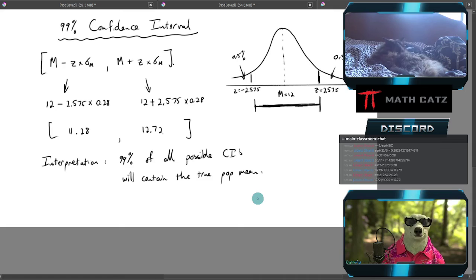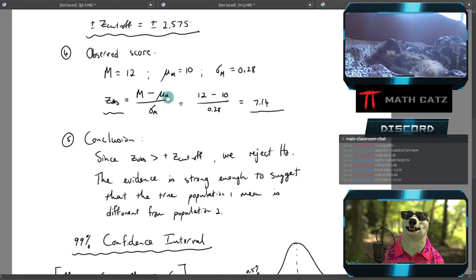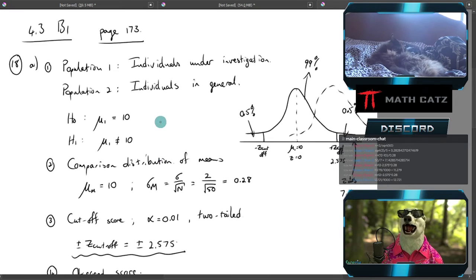All right, so let's review very quickly our 5 steps in hypothesis testing. Even though the situation in the future might get more complicated, these 5 steps don't really change. So it's a nice template to work with. We have our setup, the population of people that we're investigating versus something in general, and our hypothesis, in this case a two-tailed test that we're setting up.